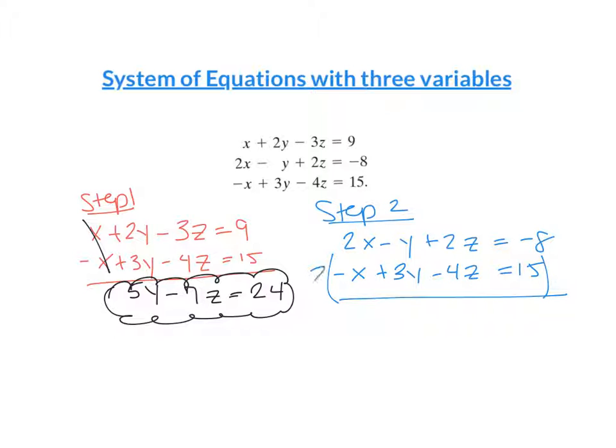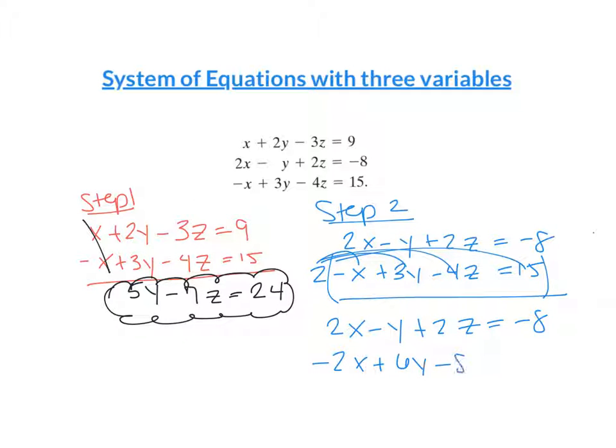So I'm going to put a 2 here. And what I'm going to do is multiply it into every single piece. So the top equation will stay the same. And the bottom equation is going to become negative 2x plus 6y minus 8z equals 30.